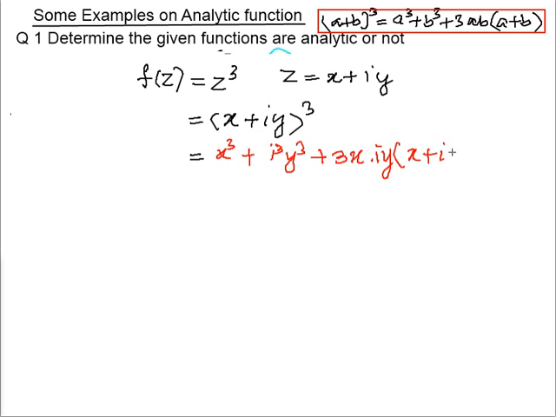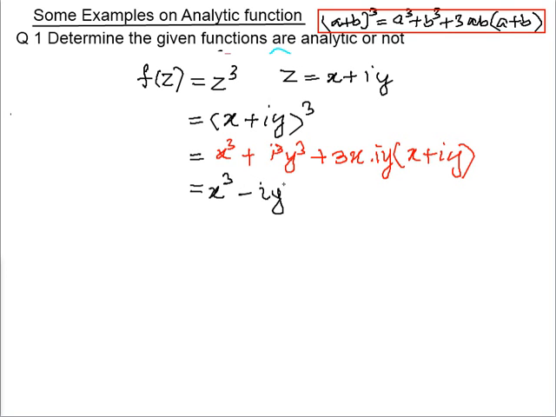It gives x cube, and iota square into iota: iota square is minus 1, so this gives minus iota y cube, because iota squared gives minus 1 and only iota remains.